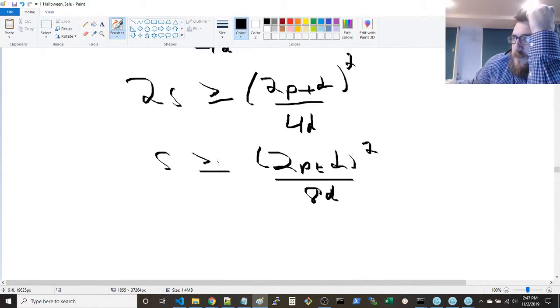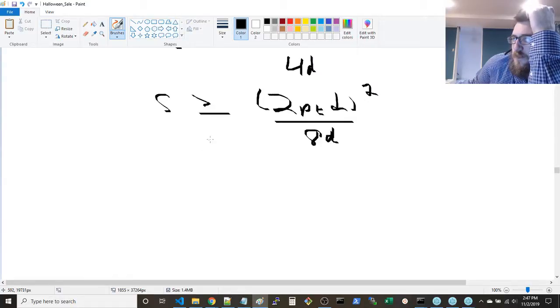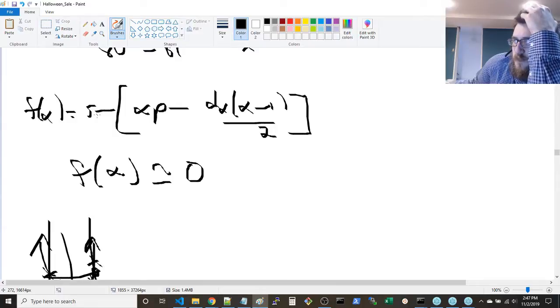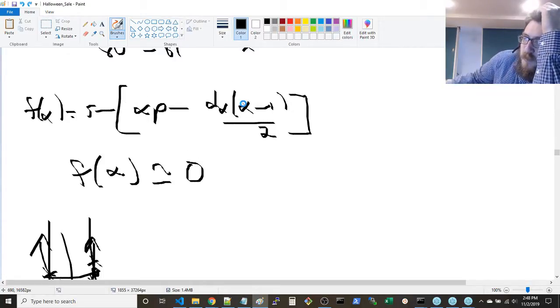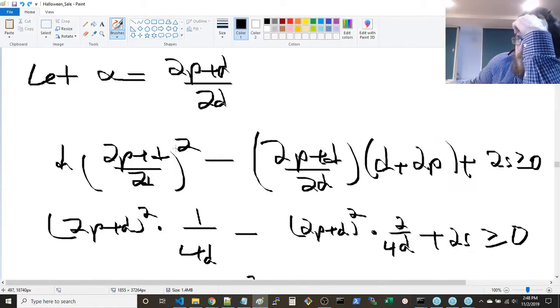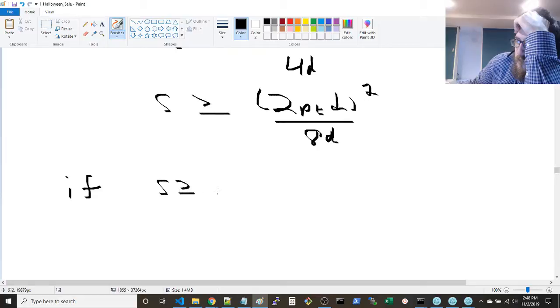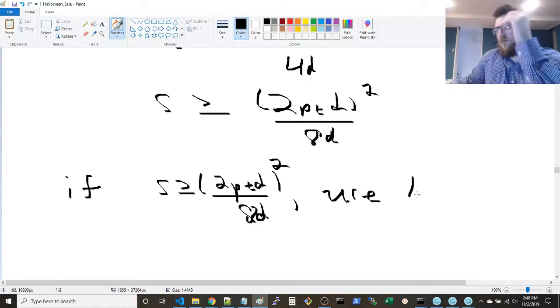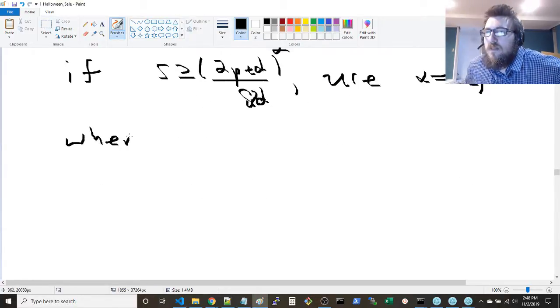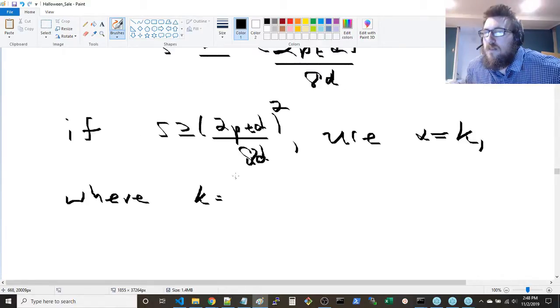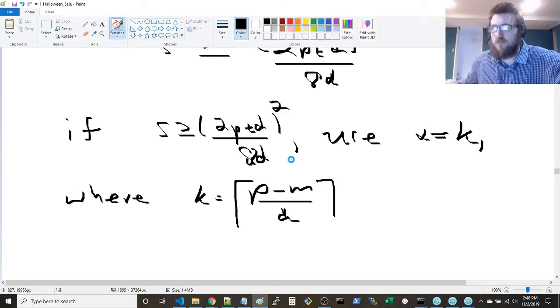Then we just want to minimize this function, which is to say to get the maximum value for this, which is exactly k. That's kind of interesting.